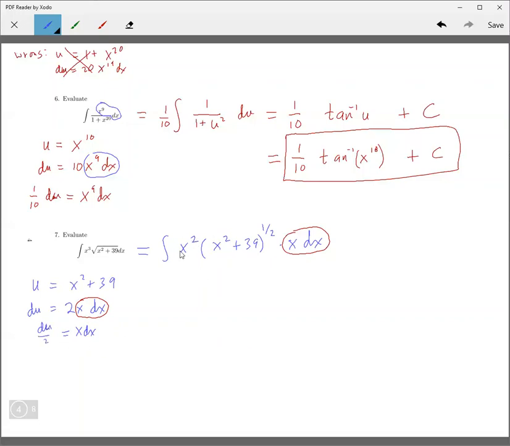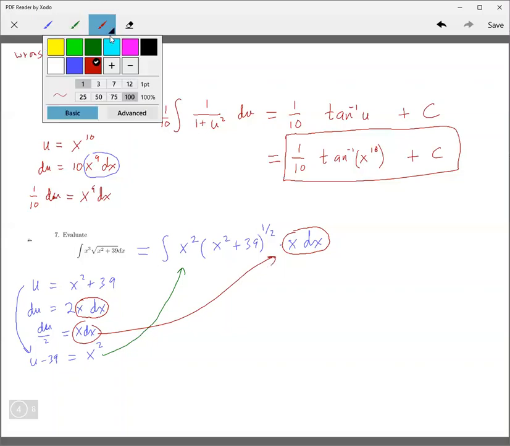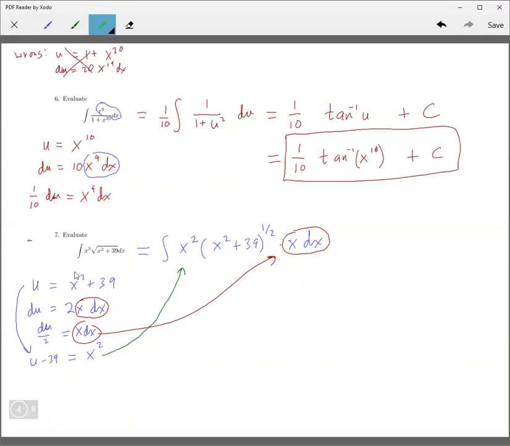Now this x squared is kind of interesting, and if you subtract 39 from both sides, you get that. So I'm going to plug that in for that, I'm going to plug in this for that, and we're going to plug in this for that.